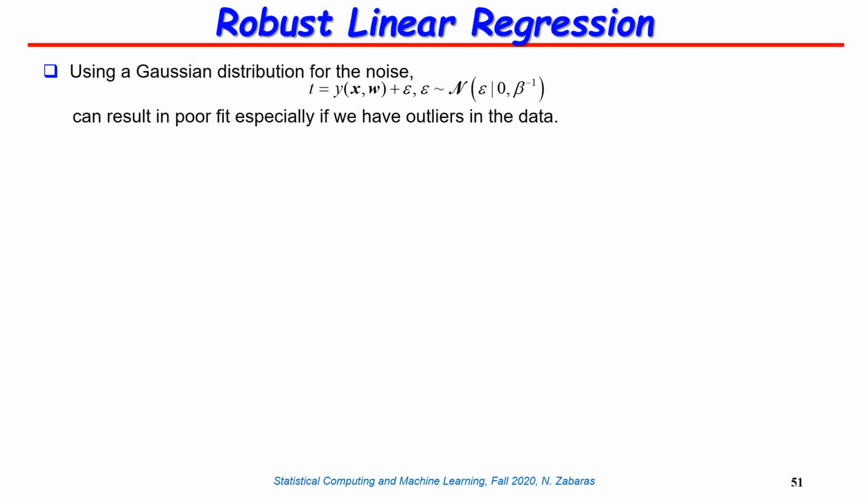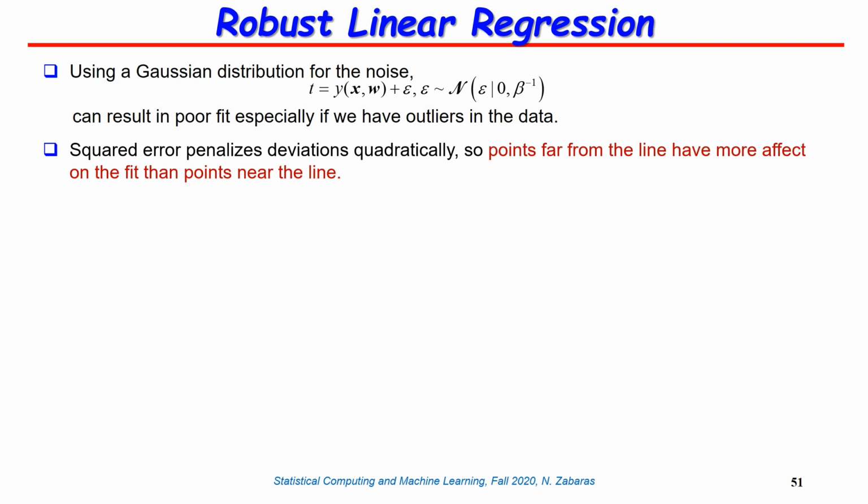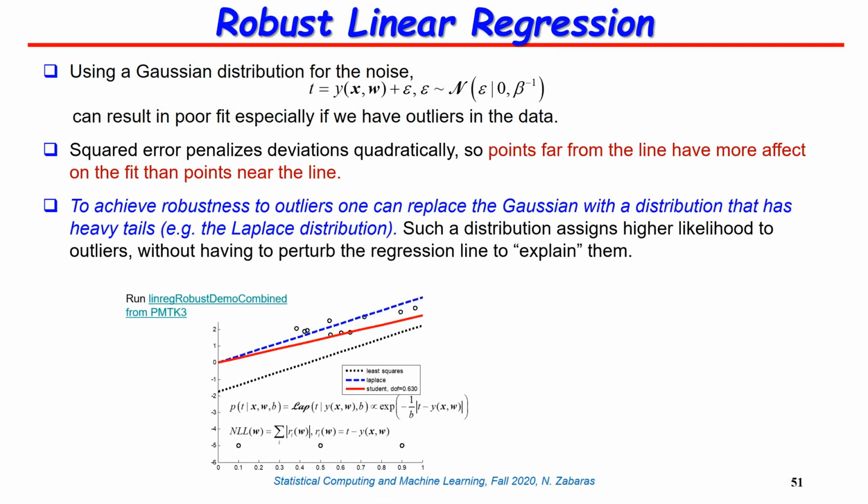The way to do this is, instead of having an L2 norm, maybe you can have an L1 norm. The way it happens is you're going to have to move away from your Gaussian likelihood. For example, you may want to use a Student t or a Laplace likelihood model.